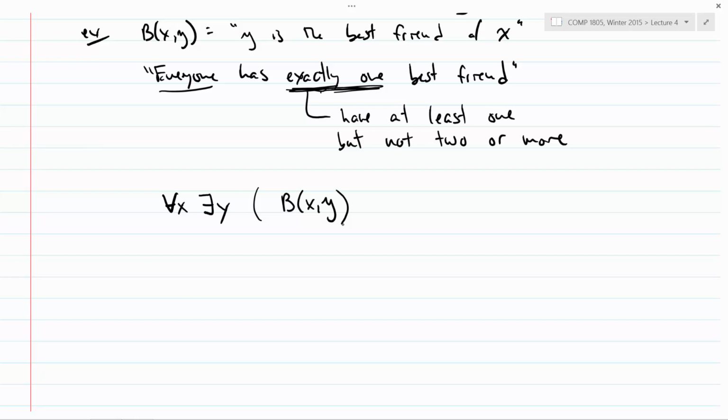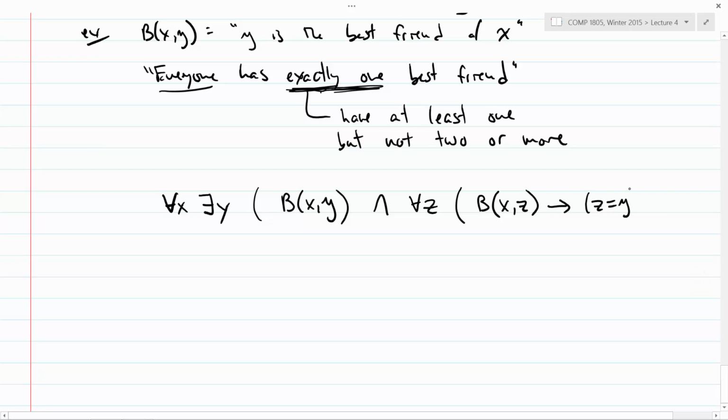The easiest way I know is to say there's not a second, which means for all other people, let's say Z, if X and Z are best friends, then Z is actually just Y in disguise. That's really what it is. In fact, you have Z equals Y.